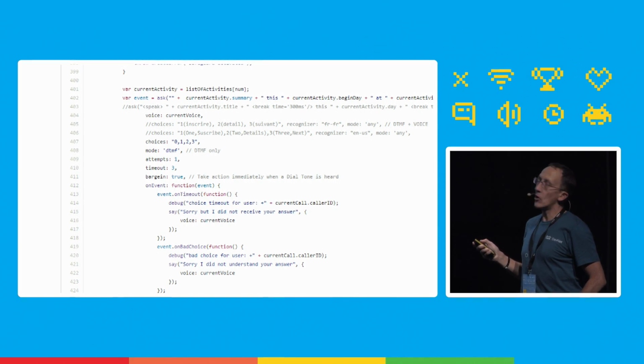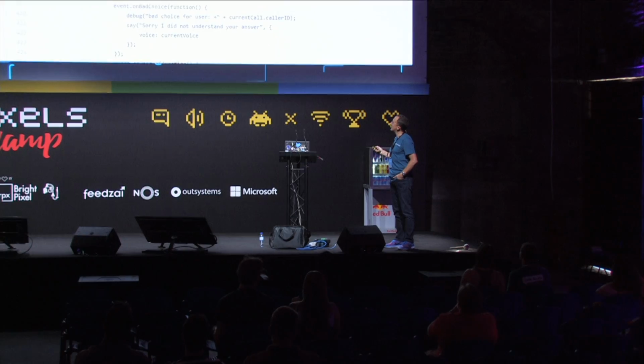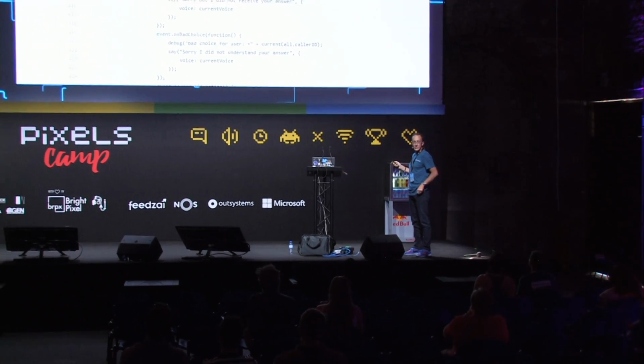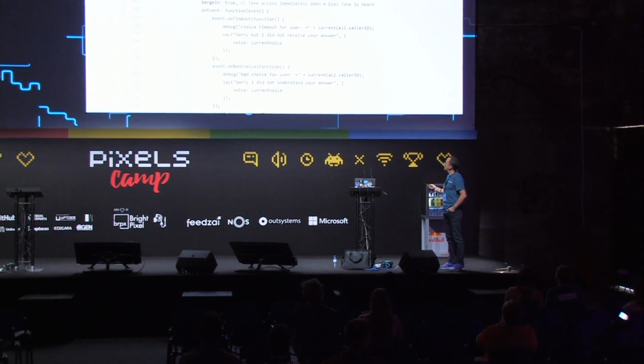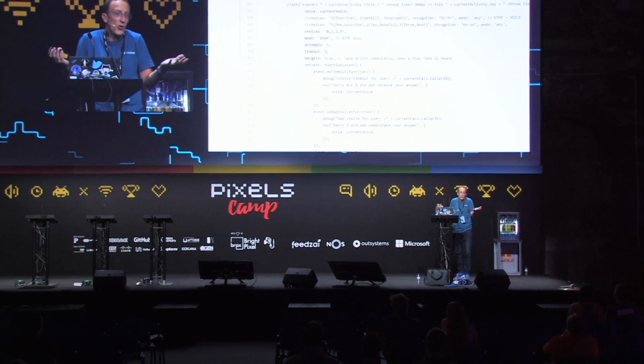A timeout, how many seconds you wait for user input. And the user can interrupt the voice speaking to take the action. It's a barge-in flag. Then, if it's timeout, I say, hey, sorry, I didn't hear you. If it's a bad choice, I say, sorry, you're not supposed to dial 4.